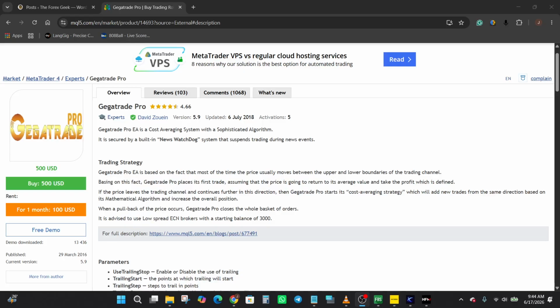All right, so in this review, I am looking at the Gegatrade Pro EA, and I'm going to go through everything step by step as it appears on the MQL5 marketplace page. Right at the top, I can see this EA is priced at 500 US dollars with a monthly rental option available at 100 US dollars.